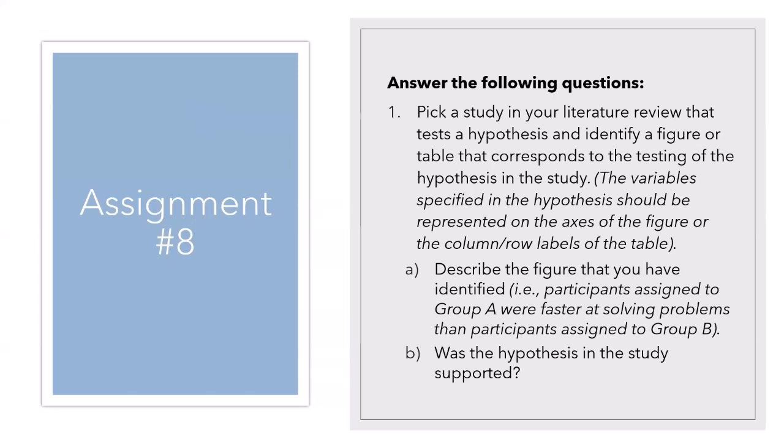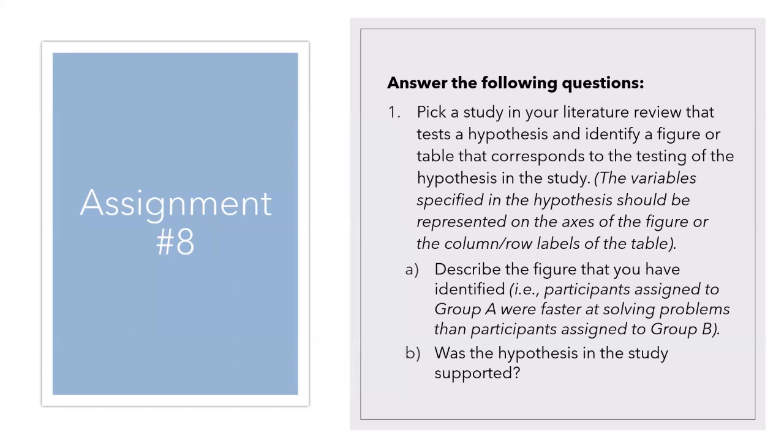Okay. So pick a study in your literature review that tests a hypothesis and identify a figure or table that corresponds to the testing of the hypothesis in the study. So the variables specified within the study's hypothesis should be represented on the axes of the figure or in the column or row labels of the table that you're identifying.